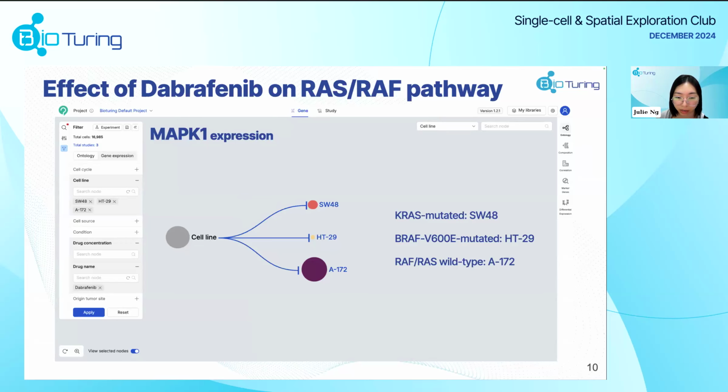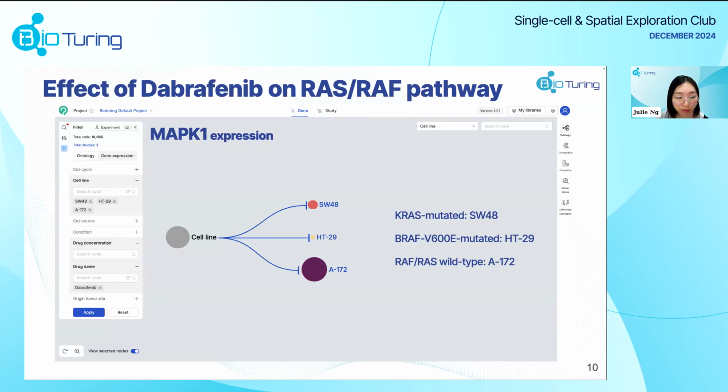The first cell line, SW48, is the KRAS mutated cell line, so this has the RAS gain of function mutation. The second cell line, HT29, is the BRAF V600E mutation, so this has the RAF gain of function mutation. Lastly, the A172 cell line is the RAF-RAS wild type, so this has no mutations.